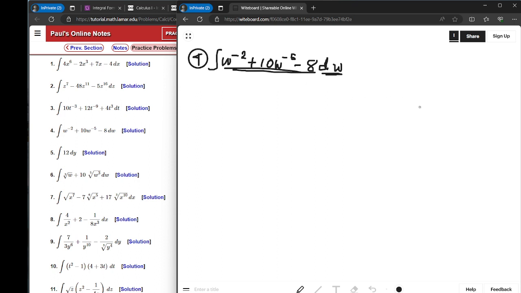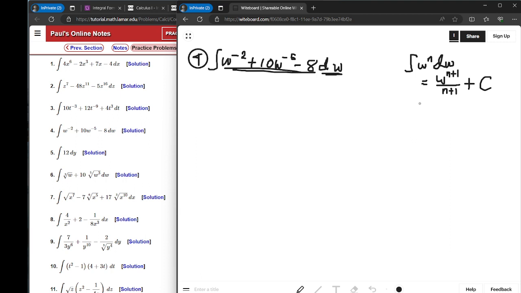Now we have to remember the properties that the integral of, say for example, w raised to the n dw is equal to w raised to the n plus 1 over n plus 1, and we have to add a constant, any constant value. In higher mathematics subjects, we're going to solve for c, but not today.